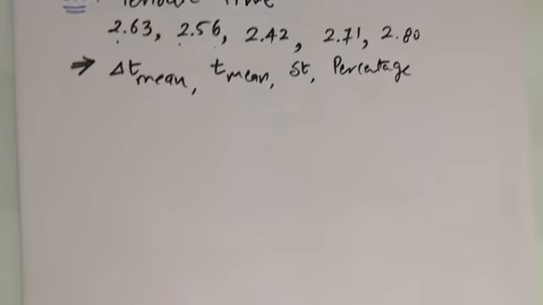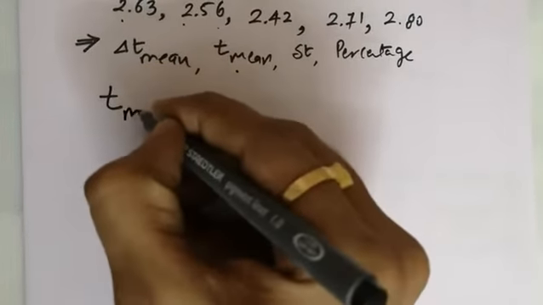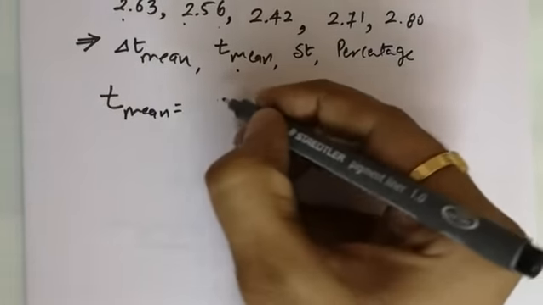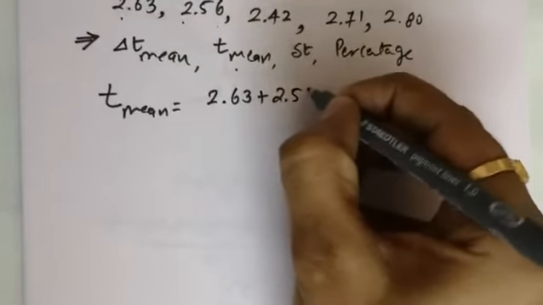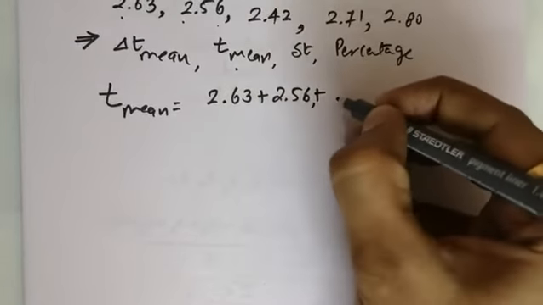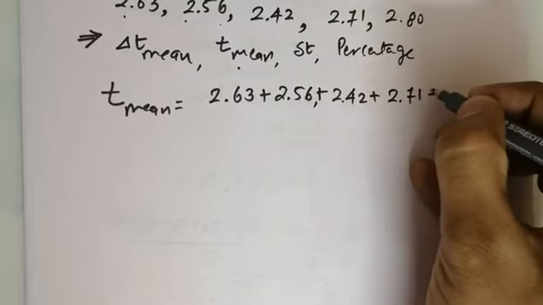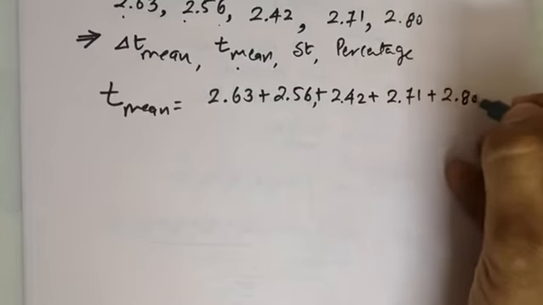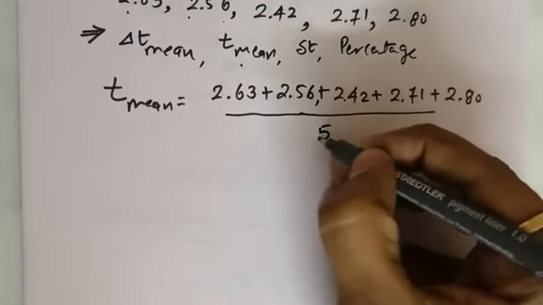First of all I am using t mean. So I can have t mean equals 2.63, 2.56, 2.42, 2.71, and 2.80, whole divided by 5.